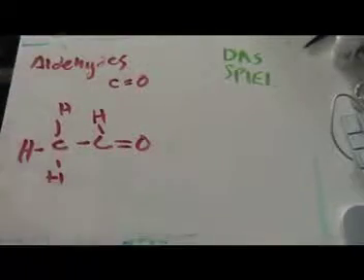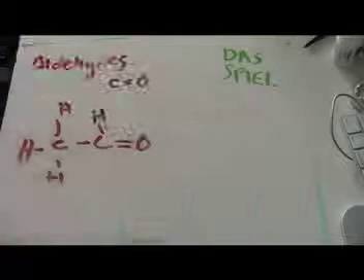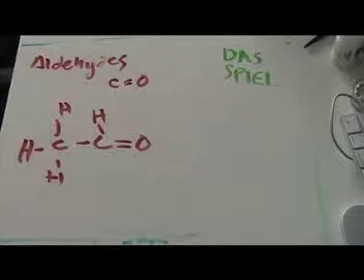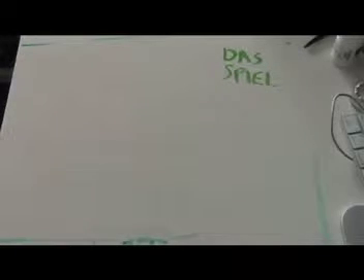These have the C double bonded to the O like the ketones, but now it's on the end instead of in the middle. So this would be acetyl or acetaldehyde, something like that. Do what you will with it. Enjoy.